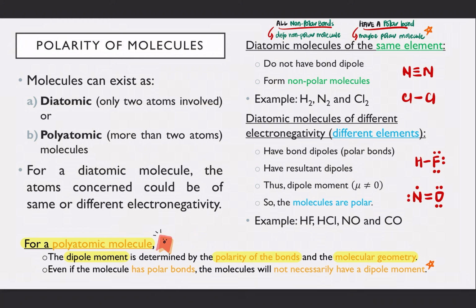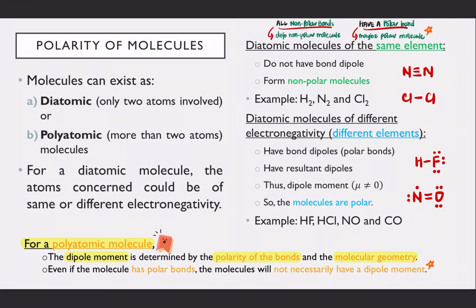To determine the dipole moment for polyatomic molecules, you must look at the polarity of your bonds, your bond dipoles, draw them, and the molecular geometry, meaning the shape of your molecule. These are the two things that will determine the polarity of a polyatomic molecule.